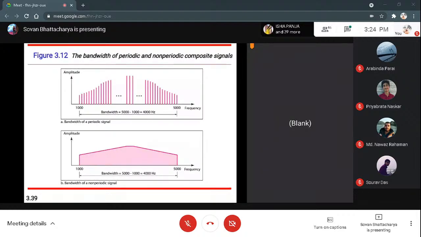Any signal's bandwidth is a range, for example 500 hertz to 5,000 or 1,000. If signals within this range are coming, then they will be added. So this is called our bandwidth, and this bandwidth equals the difference between the higher minus lower frequency.